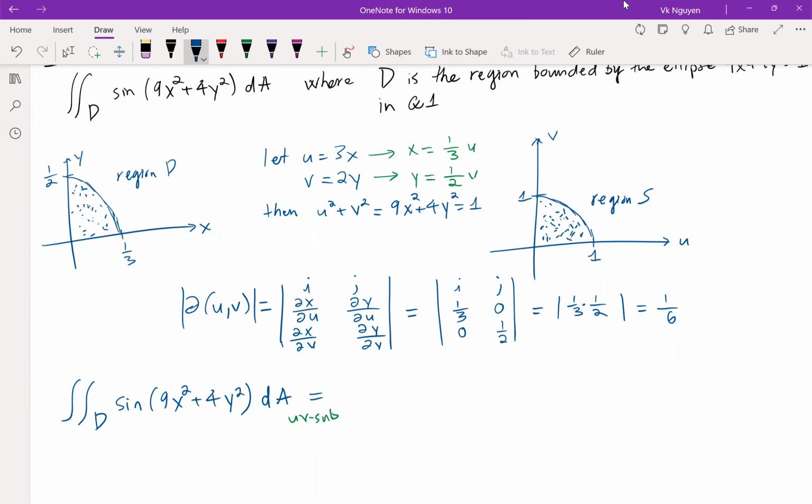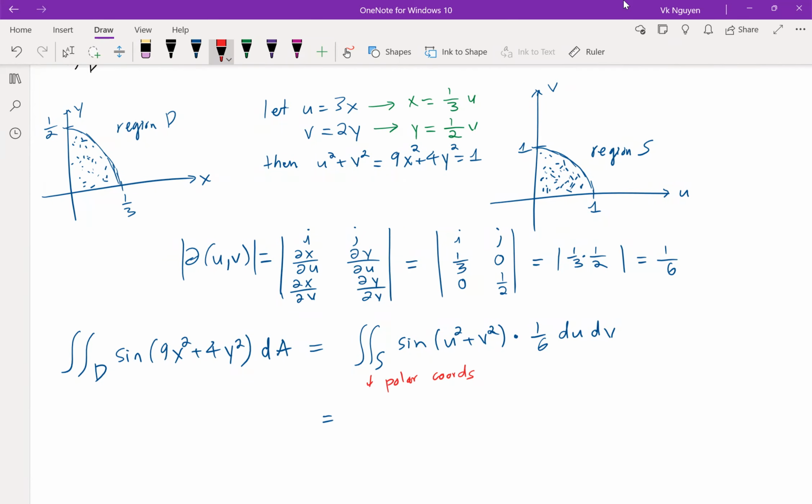Once you do the UV sub, it will be a double integral over the region S, sine of u squared plus v squared, and then dA is going to be the Jacobian multiplied by du dv. We know the Jacobian here. I'm just going to multiply by 1 over 6 du dv.